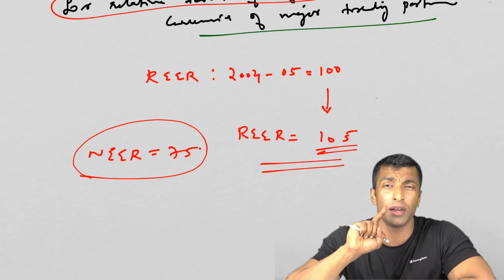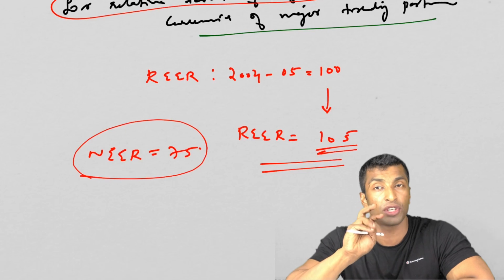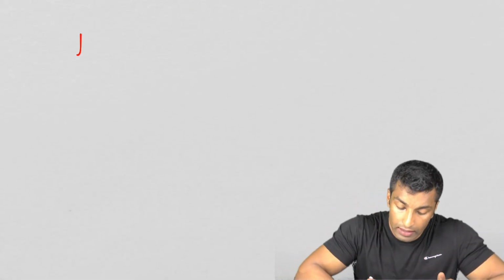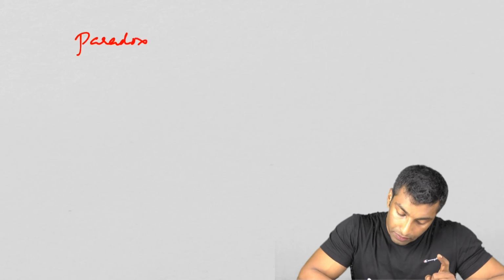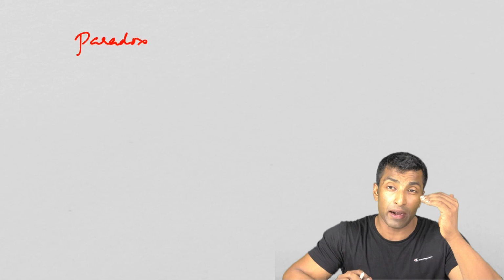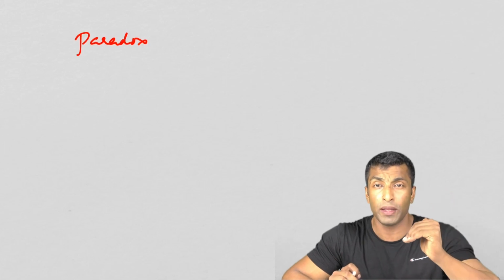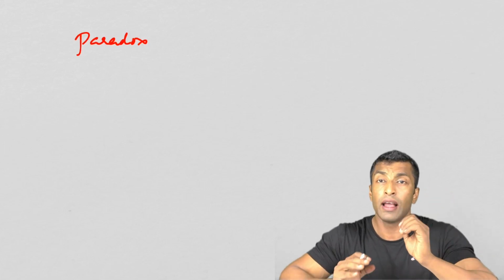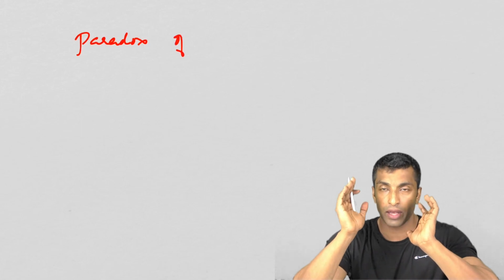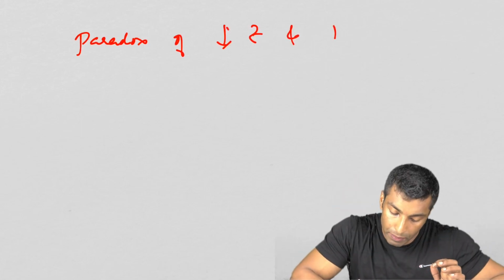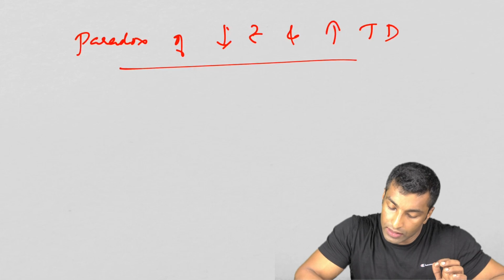Now if you remember, in the previous session I discussed three paradoxes. The first one is more important in that: the paradox of depreciation of rupee and increase in trade deficit.